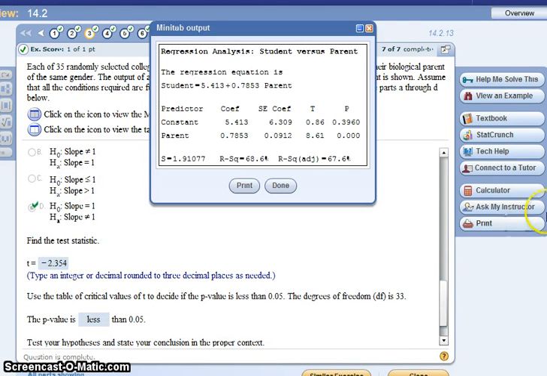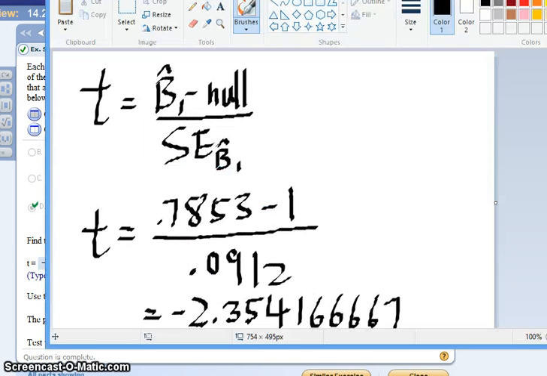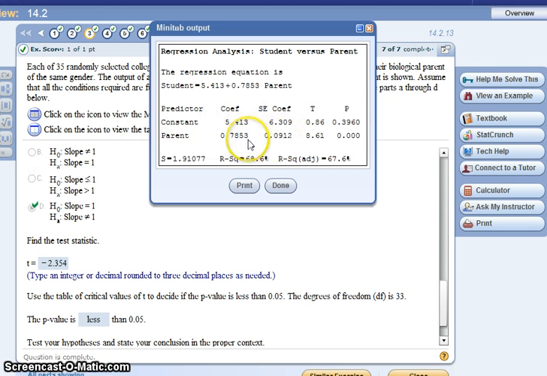And to calculate this new test statistic, we need to keep in mind an equation. T equals beta 1 minus the null value over the standard error of beta 1. So T equals, in this case, this one minus 1 over the standard error coefficient.